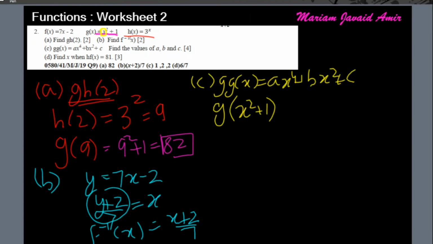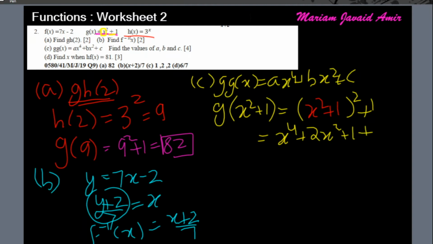So I'll write equals x square plus 1 and then plus 1 again, this plus 1 again. Open this with a square plus 2ab plus b square, so a square plus 2ab plus b square plus 1, so x power 4 plus 2x square plus 2.